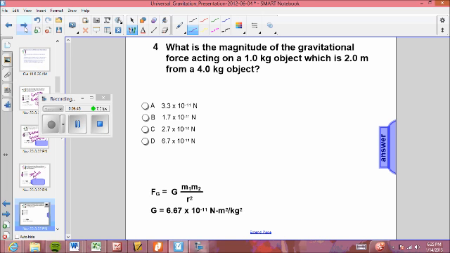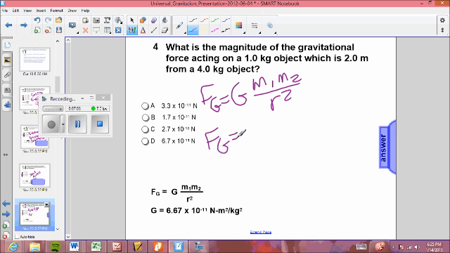Number 4. What is the magnitude of the gravitational force acting on a 1 kilogram object, which is 2 meters from a 4 kilogram object? So we're going to have our equation, but now our r is changing.